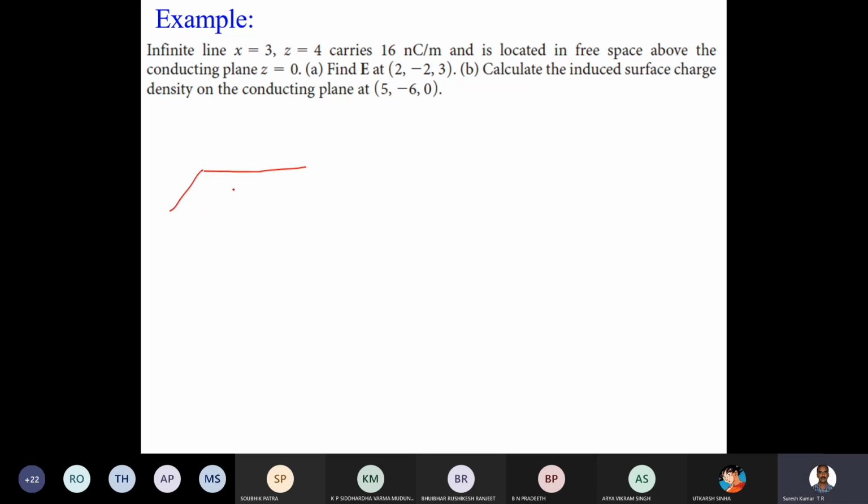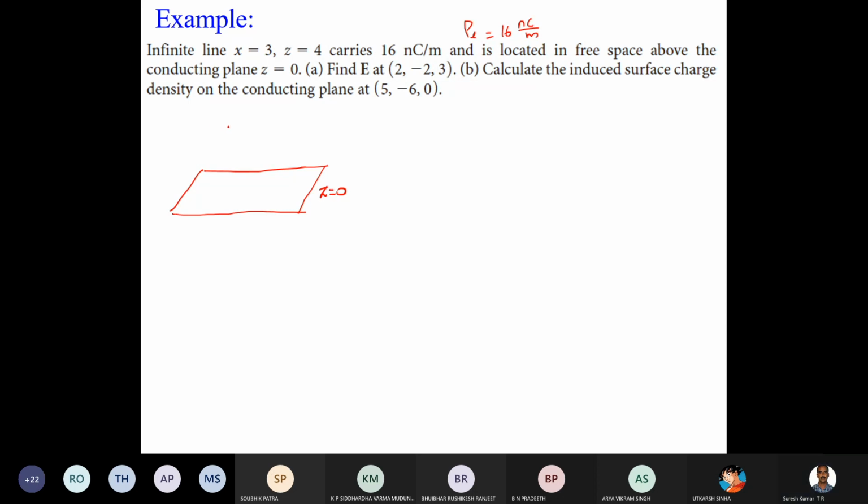Let me explain. There is a conducting plane at z equal to 0, and there is an infinite line charge, rho L equal to 16 nanocoulomb per meter, located in free space above the conducting plane. So what is the location of the infinite line charge?